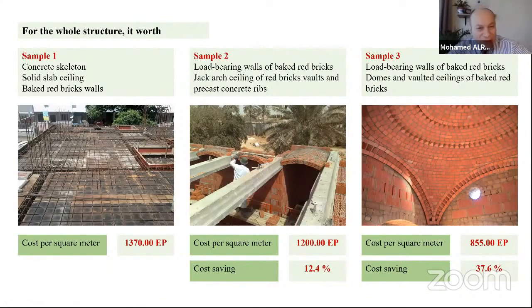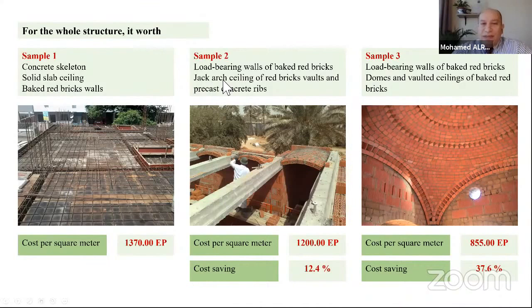Okay, to get closer to this point, recently we also made an evaluation for a prototype we designed for housing in Egypt, and we made three alternatives for this prototype. The first alternative, we designed with a full reinforced concrete skeleton, and we used baked red bricks for walls.